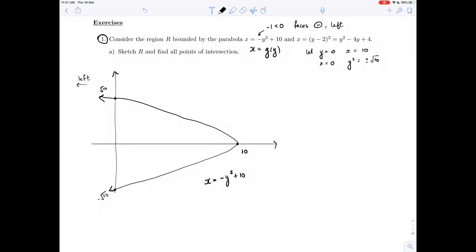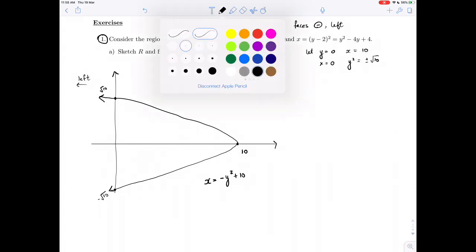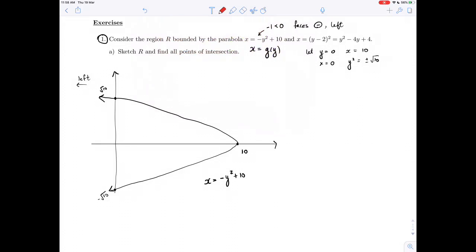Okay, so let's do the same exercise for the other parabola. I'll switch colors here in red. And we see that the leading coefficient of the y squared is 1, which is a positive value. So this faces the positive direction, and when we're talking horizontally, that positive direction is right.